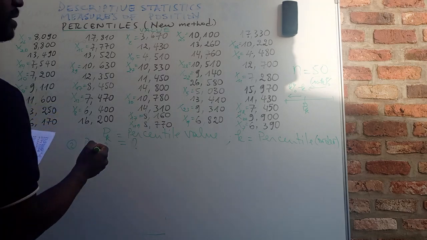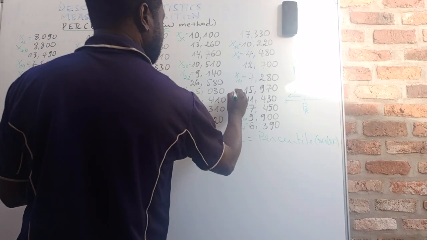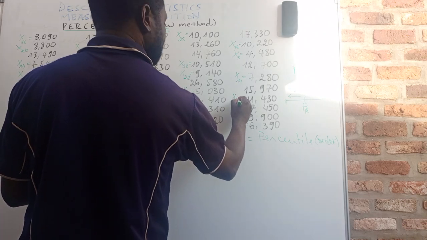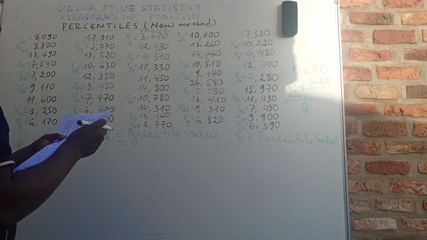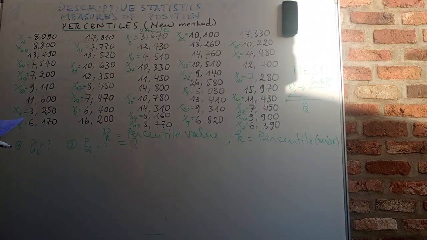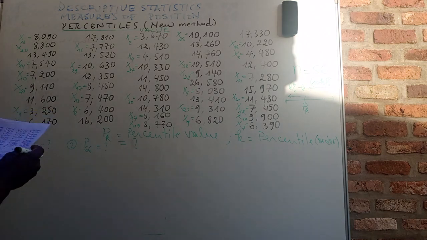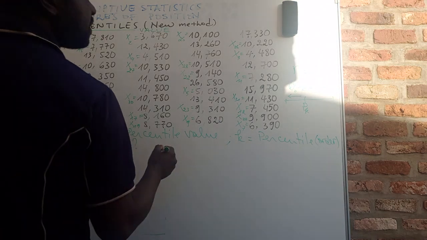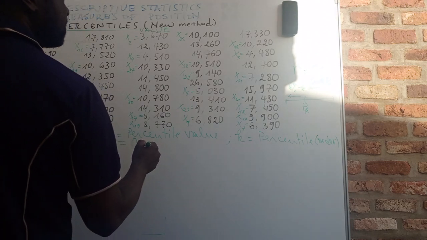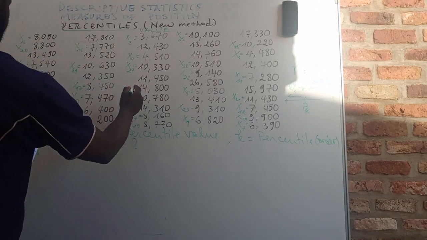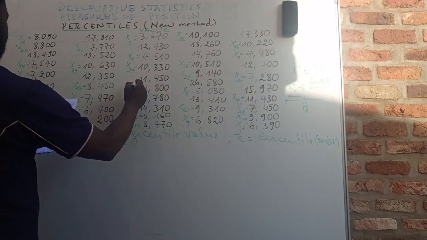11430. This is X sub 31. Now, X sub 32. 11450. Where is it? 11450 is over here.